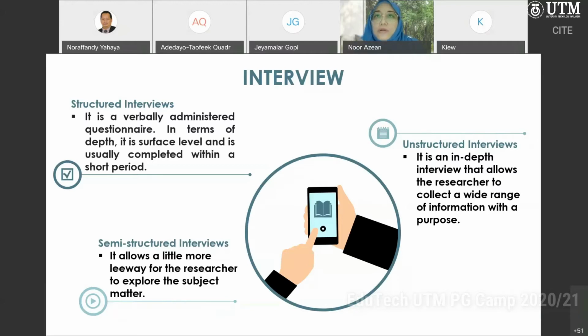So structured is easy, right? In terms of that, it is surface level. If you are using the structured interview, actually it is surface level and it's usually completed within a short period. We just give the questions, so maybe about 50 minutes or 20 minutes we can complete that one based on the research question.